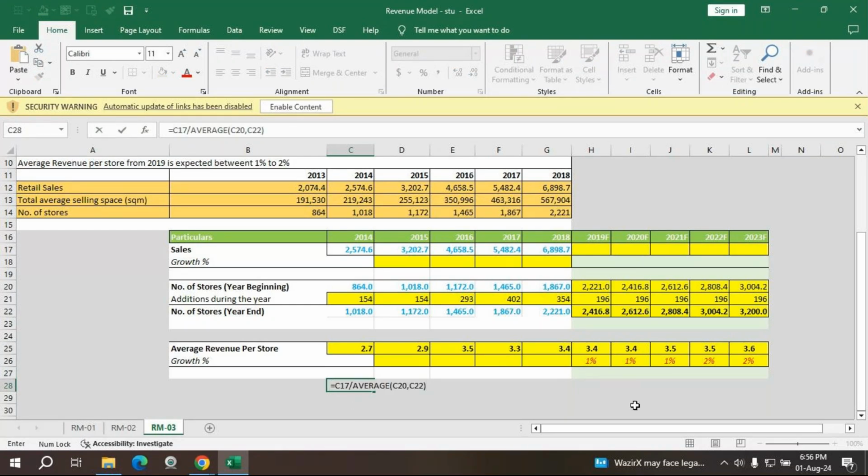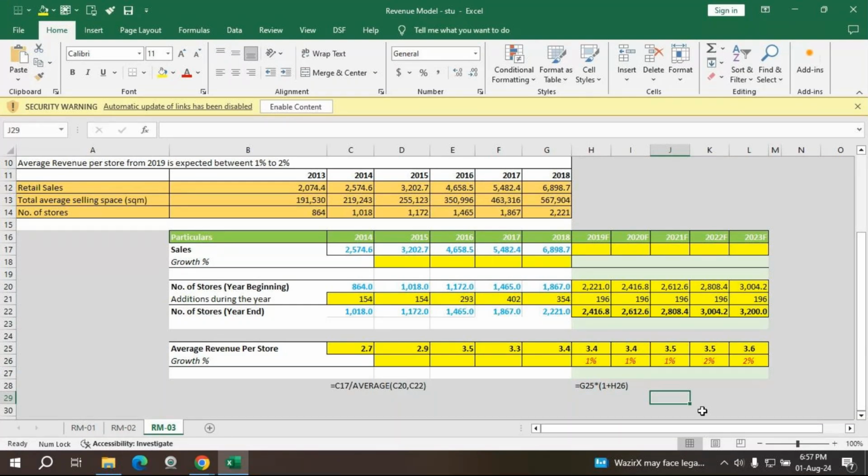This is the formula I have taken here, and here is the calculation I have put. If you did not understand, please tell, I'll explain it once again.